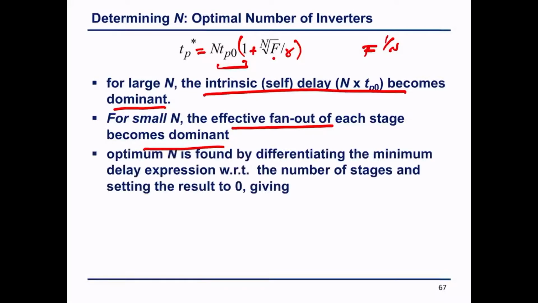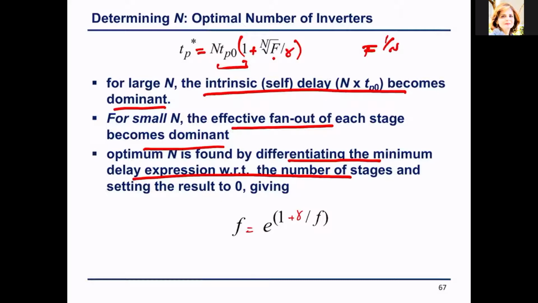Now the optimum n is found by differentiating TP star with respect to the number of stages: del TP star by del n equal to 0. This gives us f equal to e to the 1 plus gamma over f. Let me just double check it from my laptop. So this will give me an expression where f is equal to e to the 1 plus gamma over f.